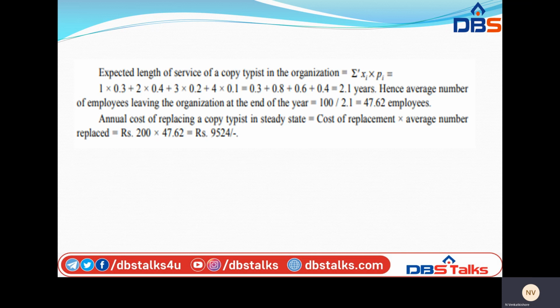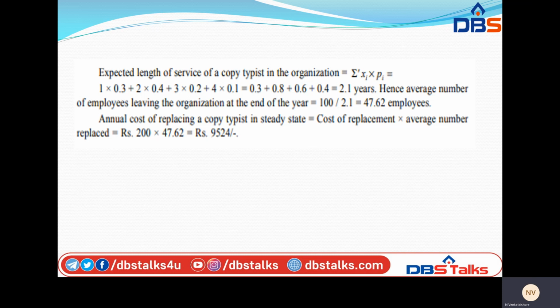And the annual cost for replacing the copy typists in the steady state. We need to maintain always 100 members. So for the leaving members, we need to recruit new members. For recruiting, we have a certain team, and they are charging 200 rupees per recruit.